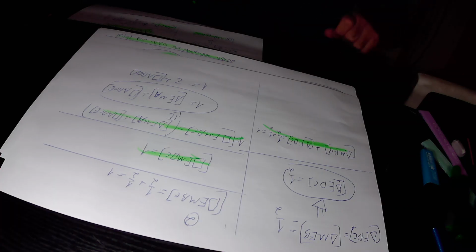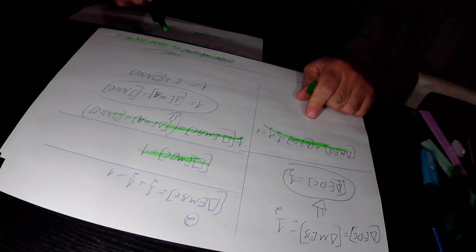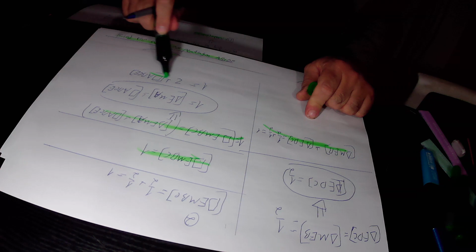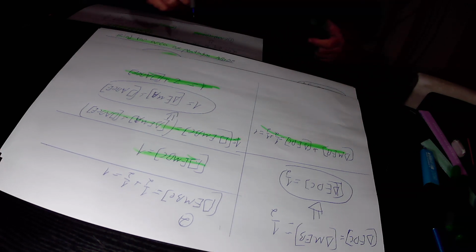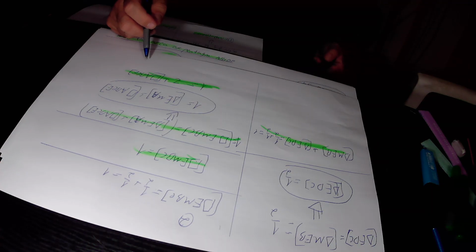So in total we found out that Z plus the area of quadrilateral ABCE equals 1.